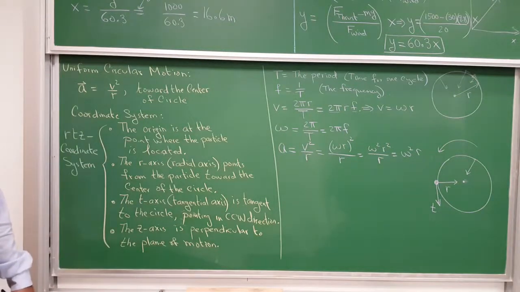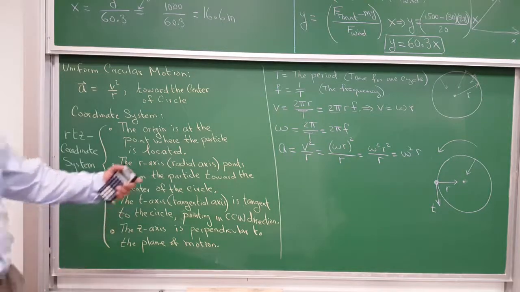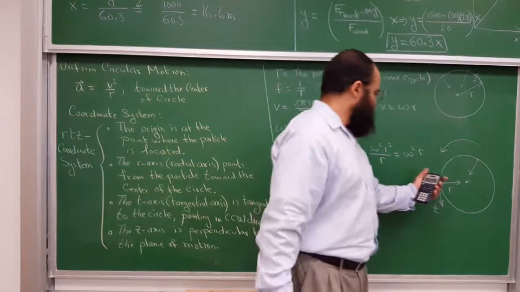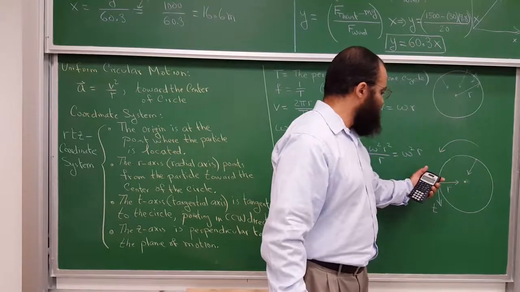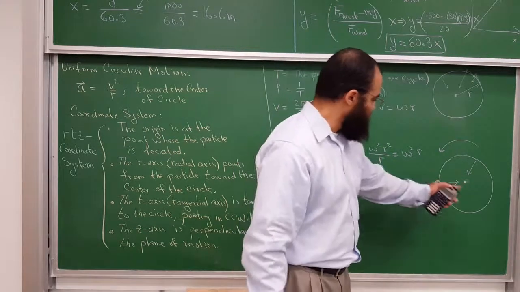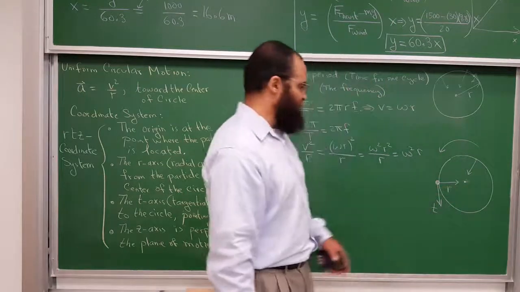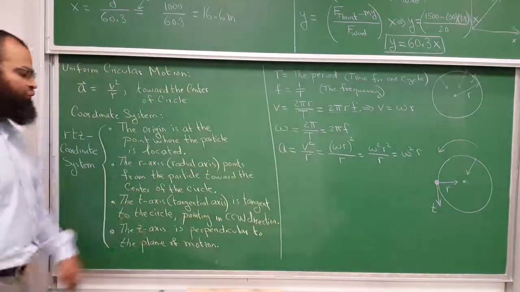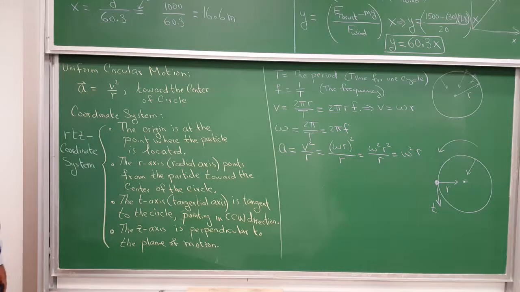And then the z-axis, which we usually don't need, but we define a z-axis to be perpendicular to the motion, so out of the board, if you like. So we have three axes, mutually perpendicular to each other. So that's the z-axis.